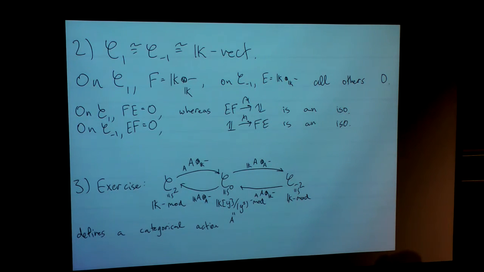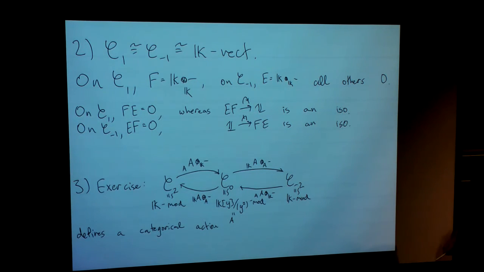So on things of weight 1, F is the identity and E is 0. On things of weight minus 1, E is the identity, F is 0. Okay. And so now what happens? Well, on C1, I need to have that EF is isomorphic to the identity. Indeed, that's true.